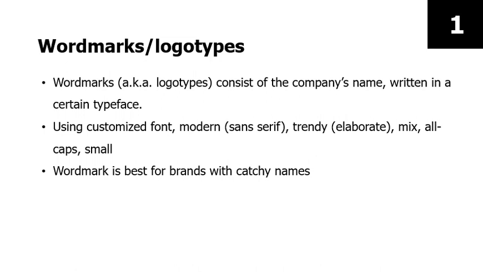This is the best choice if your campaign name is quite short or catchy, because of course we would have space issues if the campaign name is too long. The best would be a one-word campaign name. But if you have a two-word campaign name, you can stack them together, putting one word on top of the other to conserve space.